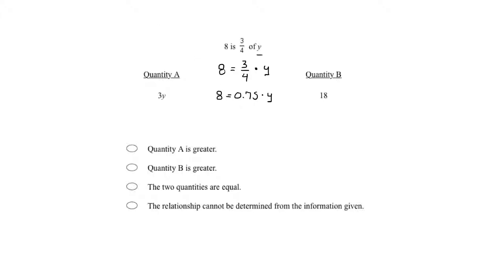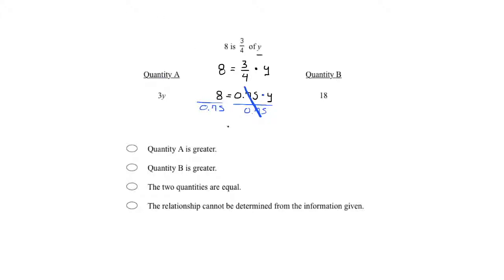No, instead we note that 0.75 is being multiplied by y. So the way we're going to chip away at it is divide both sides by 0.75. Dividing the right side by 0.75 allows us to cross it out, because the same thing divided by the same thing is 1.